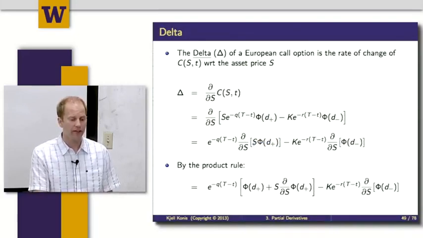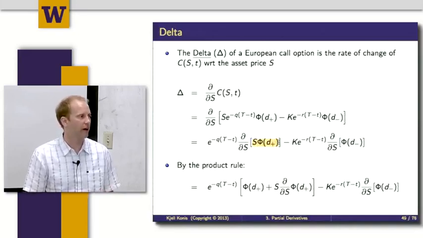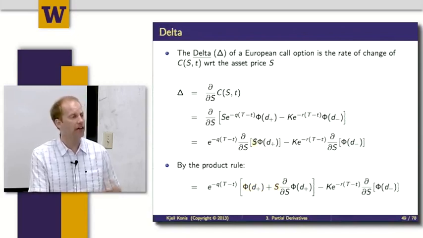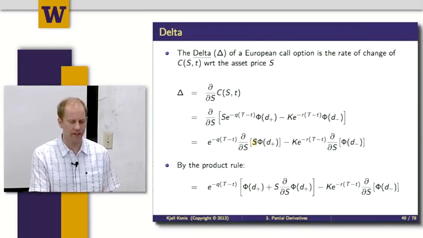The product rule says if I have the product of 2 functions, I take the derivative of the first function times the second function. That gives me just capital phi of d plus, plus the first function S, times the derivative with respect to S of capital phi of d plus.